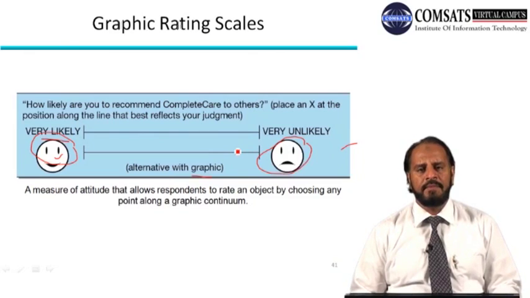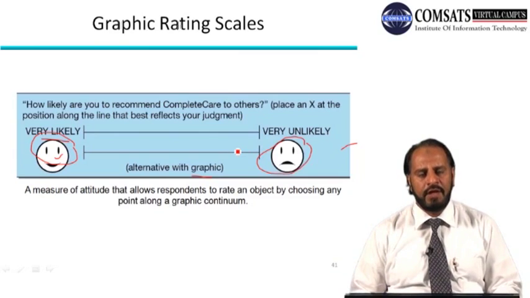In the next session, once we have developed our questions and the scales associated with those questions, we need to see if these questions, along with their scales, have been able to properly measure what they are supposed to measure.